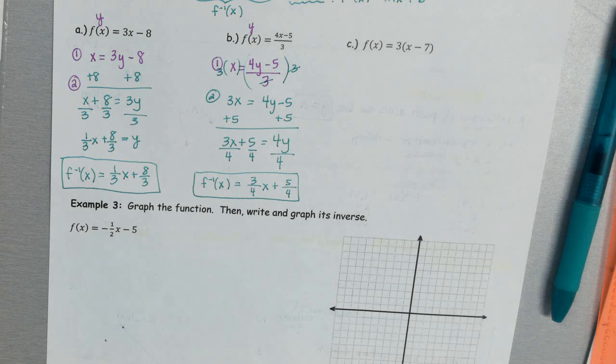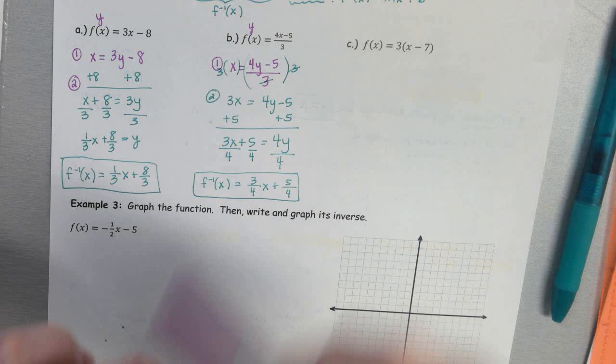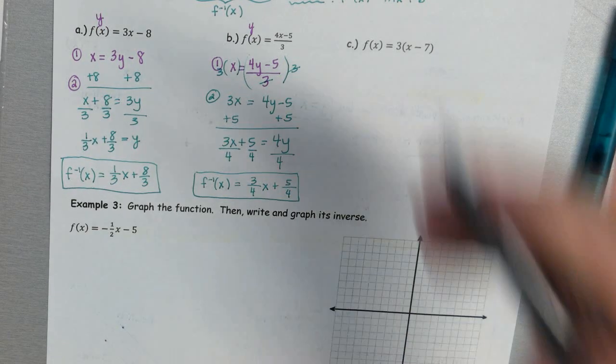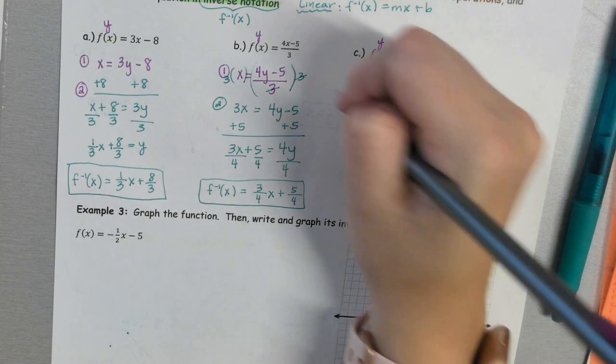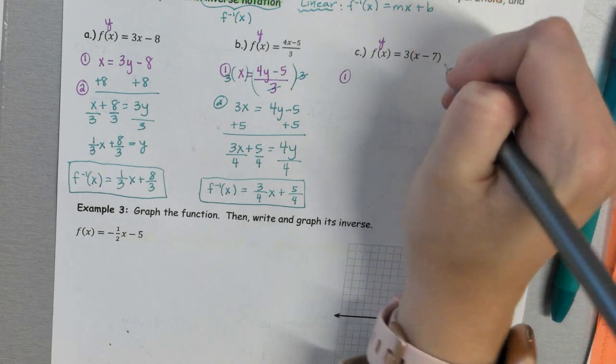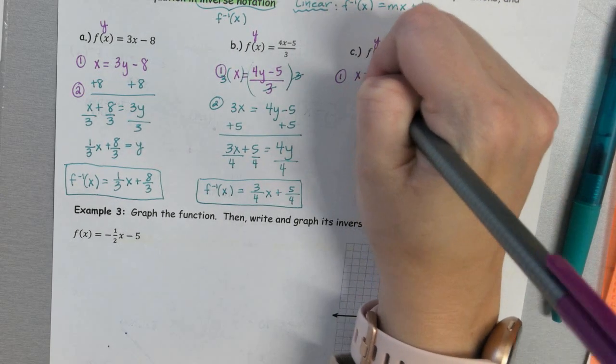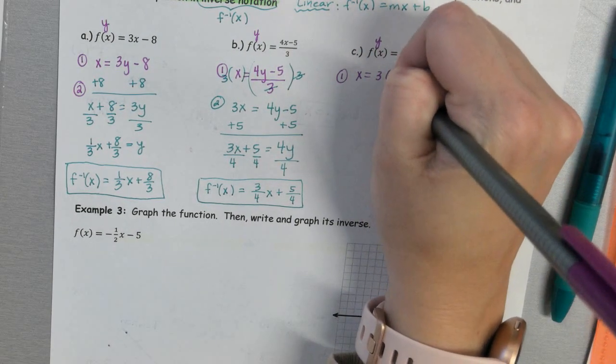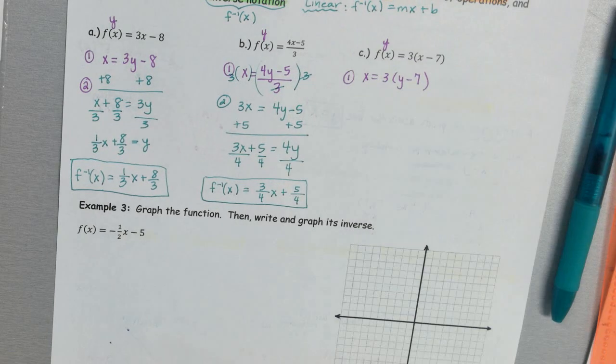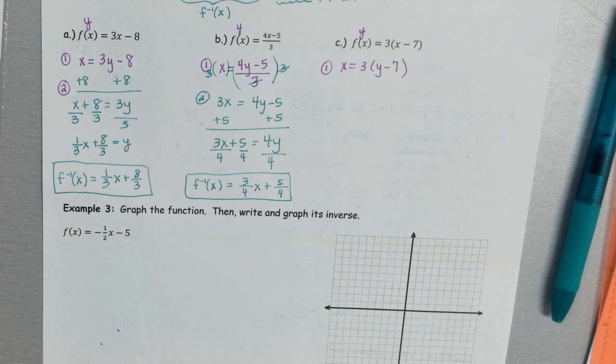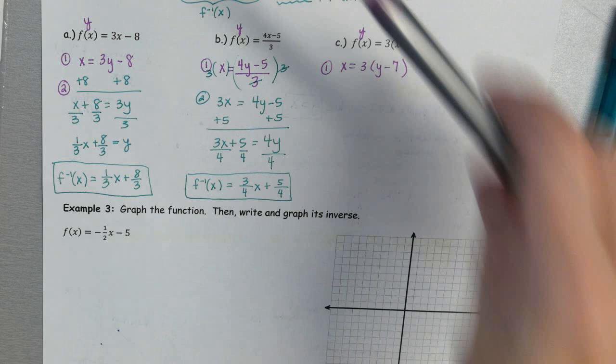So like I said, there are a couple different ways that you could do this one. So once you switch, you have x equals 3y minus 7 here. So one thing you could do is you could move the 3 over right away.